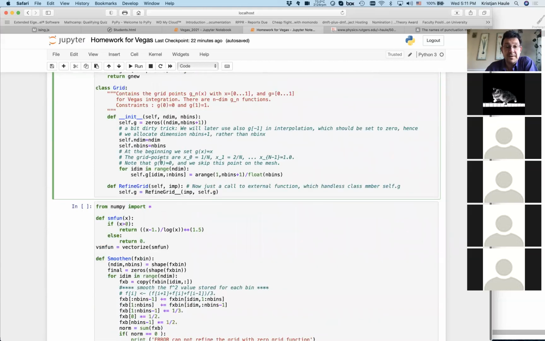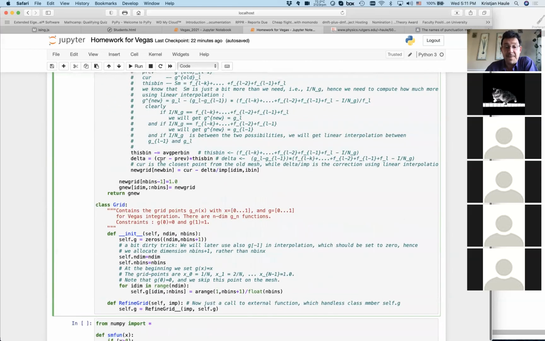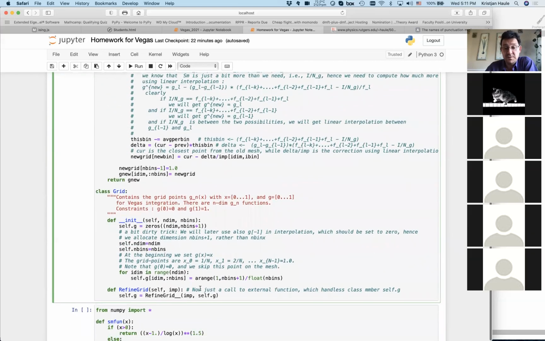Yeah, a very important thing here is that in Python, if you have an argument which is a simple variable, such as an integer, complex, or floating point variable, then it turns out that it's called by value, which means that it is not being changed.